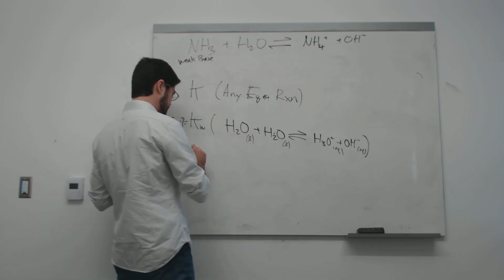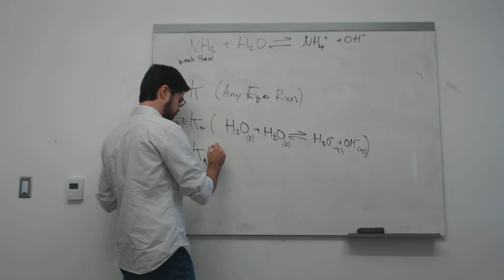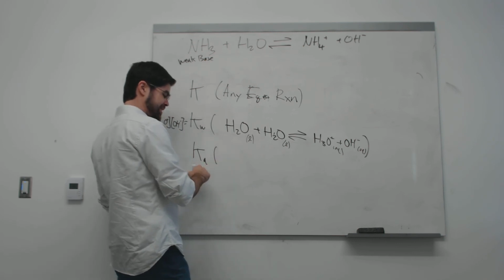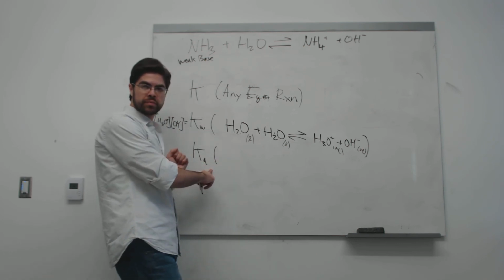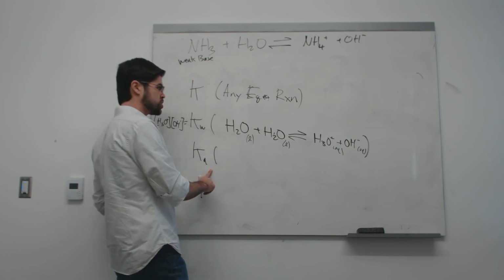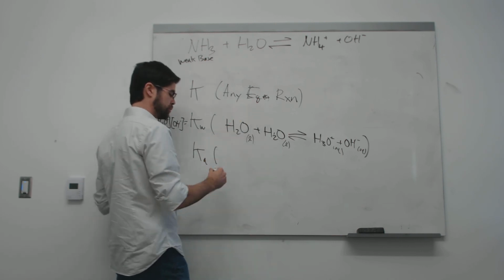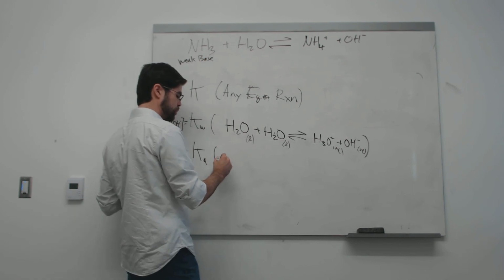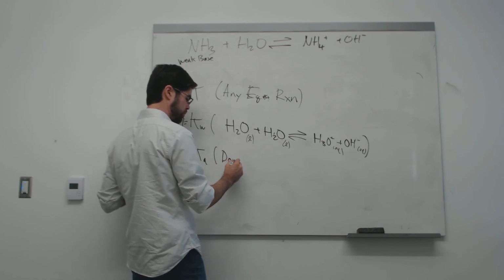Ka and Kb describe yet another equilibrium process, another equilibrium reaction. Ka is specifically referring to an equilibrium reaction where you donate a proton to water.